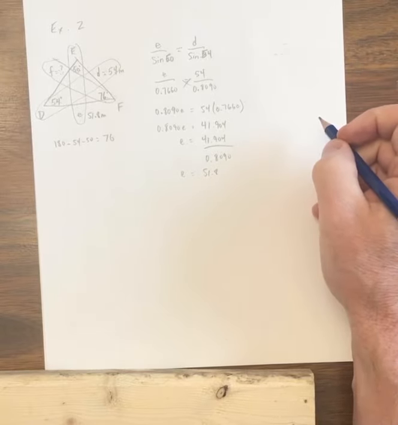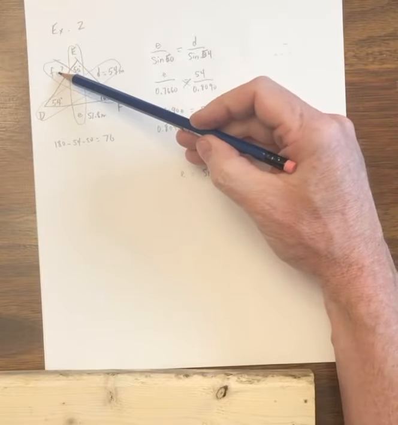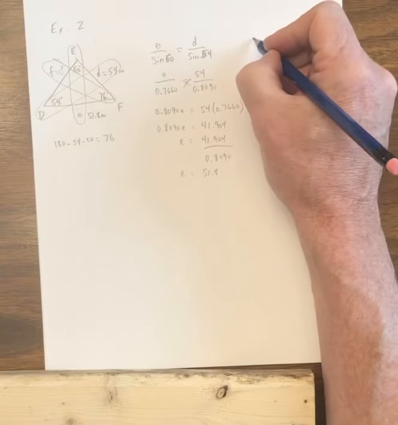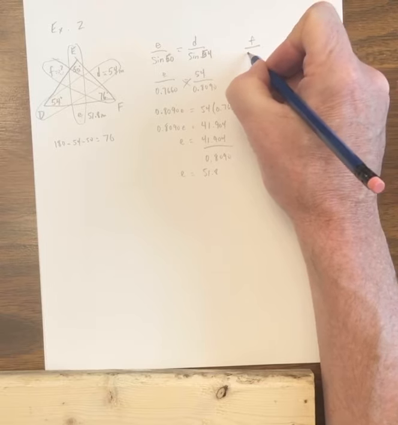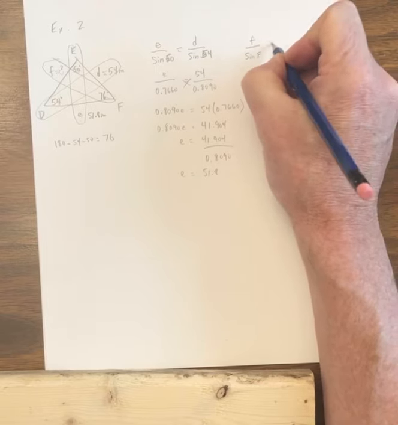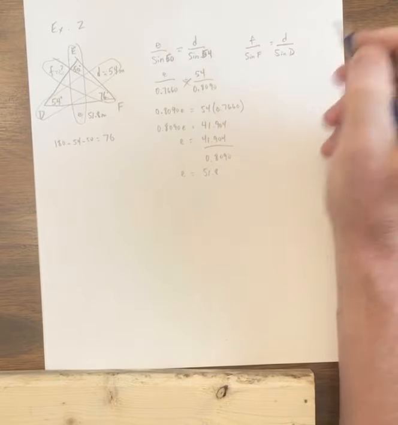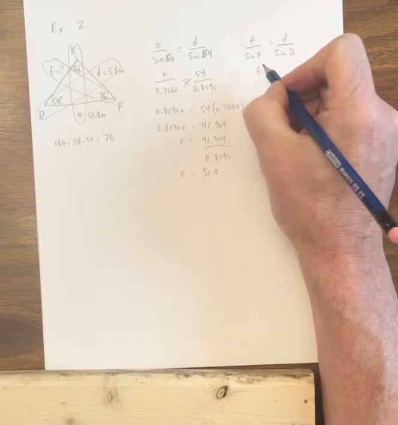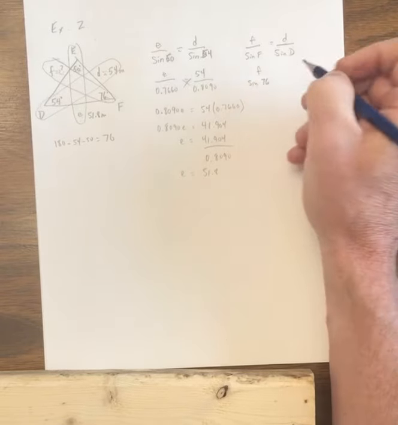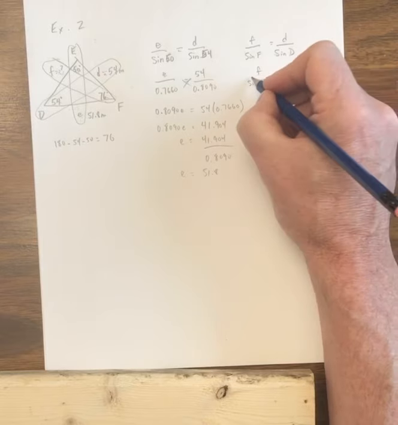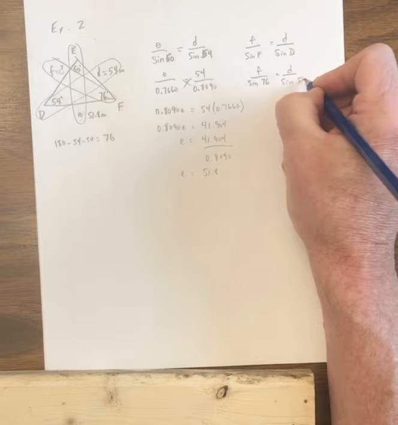Perfect. And then, so we have that. The last thing to solve is for side F. So once again, using our sine law, F over sine F is D over sine D. F over sine 76 is D over sine 54.